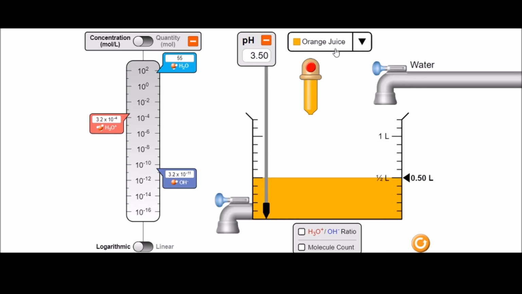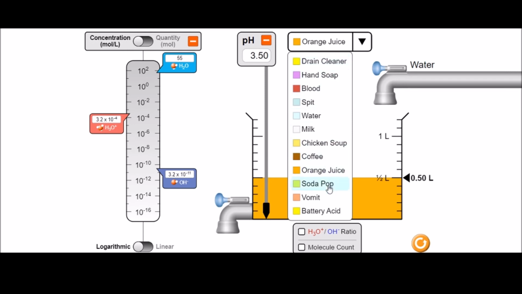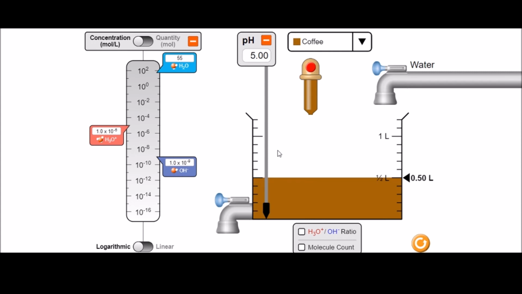Let's take another solution. Let's take coffee, okay? Now can you look over here, we have 1 exponent -5 H3O positive ions. So whenever you have 1 over here and you have power -5, the pH is exactly 5, okay? जब भी 1 exponent -5 लिखा हुआ है तो इसका मतलब pH exactly 5 है. और अगर यहाँ पे 1 नहीं है, 2 है, 3 है, कोई और नंबर है, और पावर -5 है, you can predict कर सकते हो उस वक्त कि -5 की वजह से pH 5 के अराउंड होगा. लेकिन अगर 1 exponent -5 है तो that means exactly 5 pH है, okay?